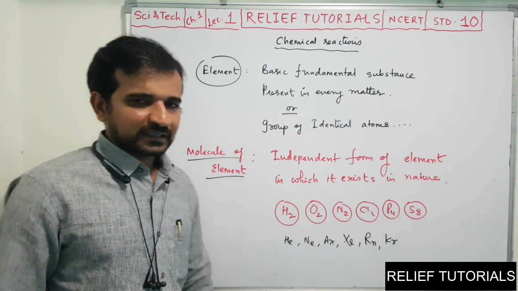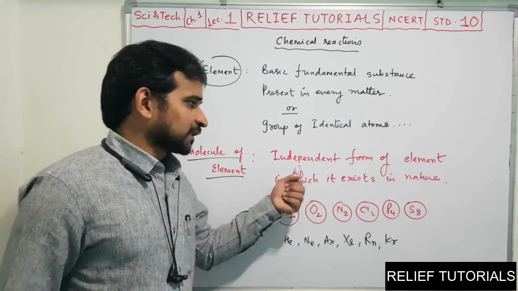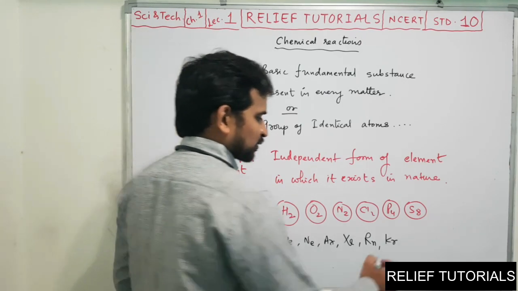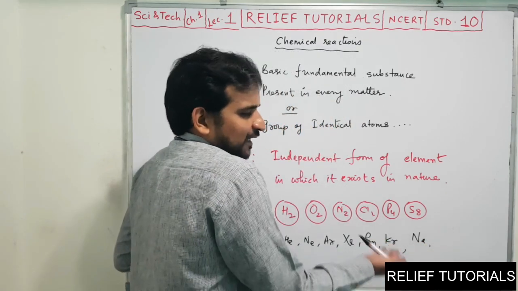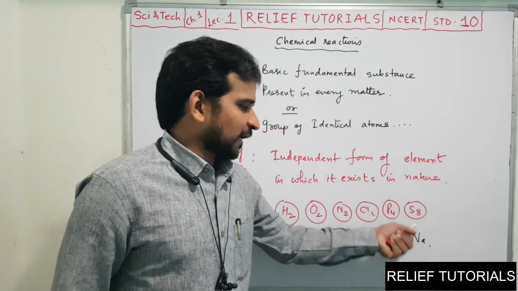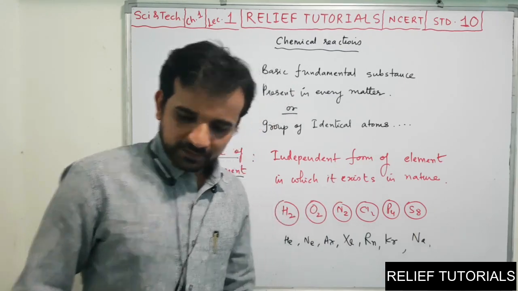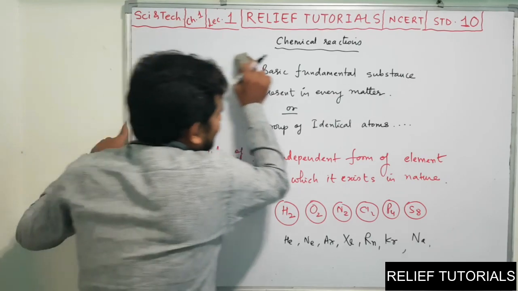These are some gases which are available in single atomic form. For example, sodium is also available in single atomic form. So it is represented like this. This is its atomic representation as well as its molecular representation. These are some molecules of element.